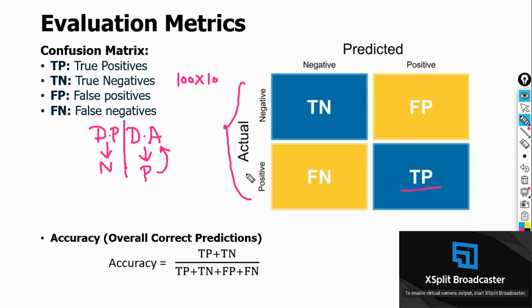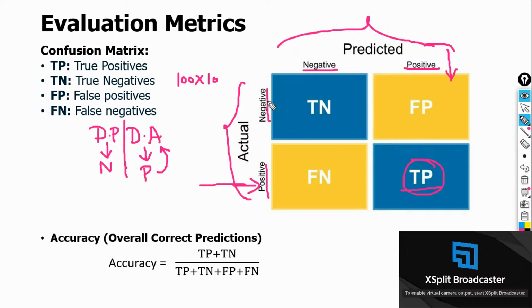Within rows I'm taking the actual value, and within the columns I'm taking the predicted value, both the classes, positive and negative. How many of the actual patients with no disease are predicted as no disease will become our true positive.